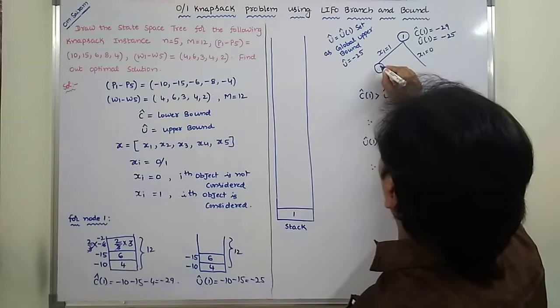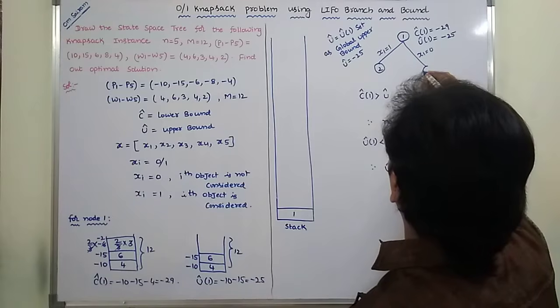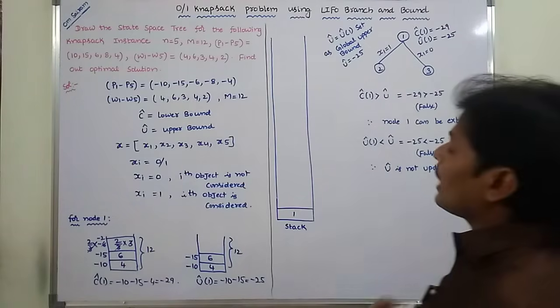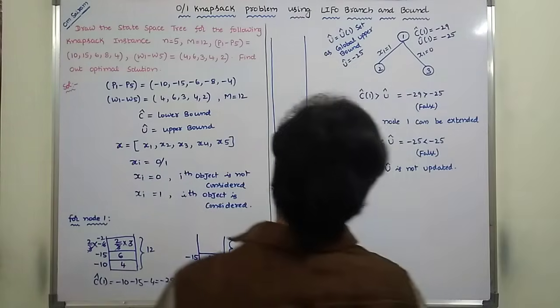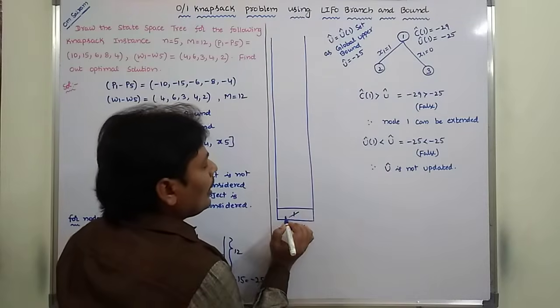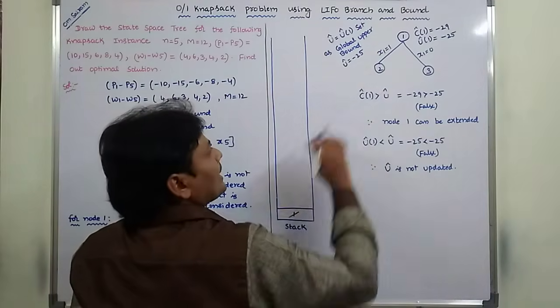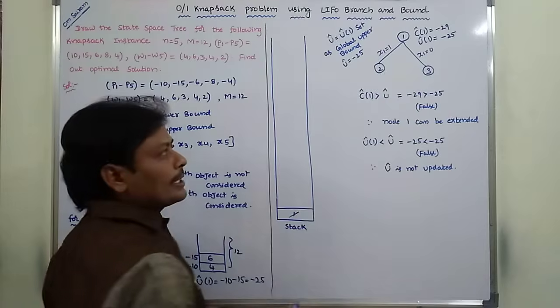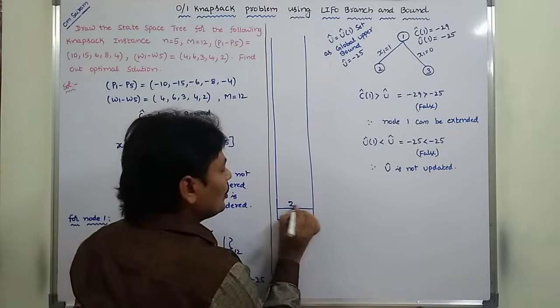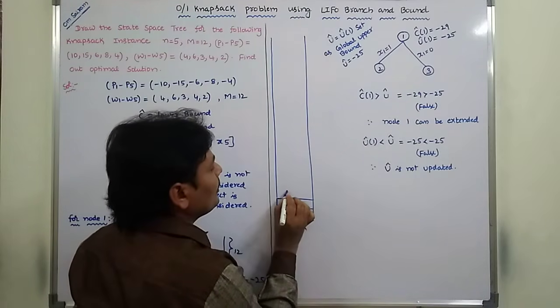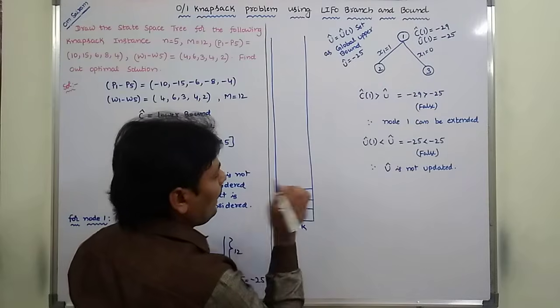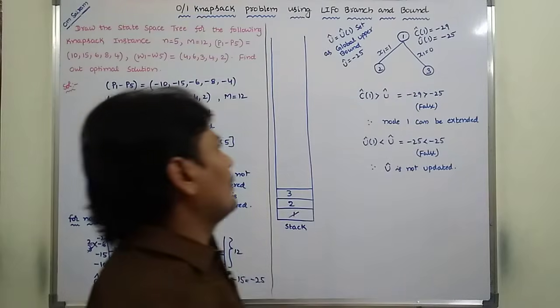So now node 1 can be popped out and its adjacent vertices, node 2 and node 3, are placed.